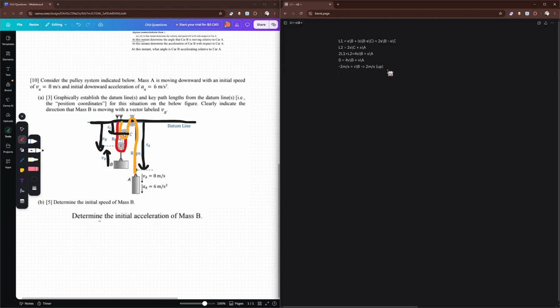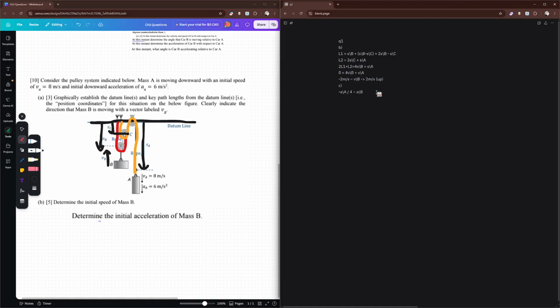For the next part, this is Q1, B, and then this is C. We want the initial acceleration, so we just take the derivative of this again. We have AA already, so we have negative AA over 4 is equal to AB.